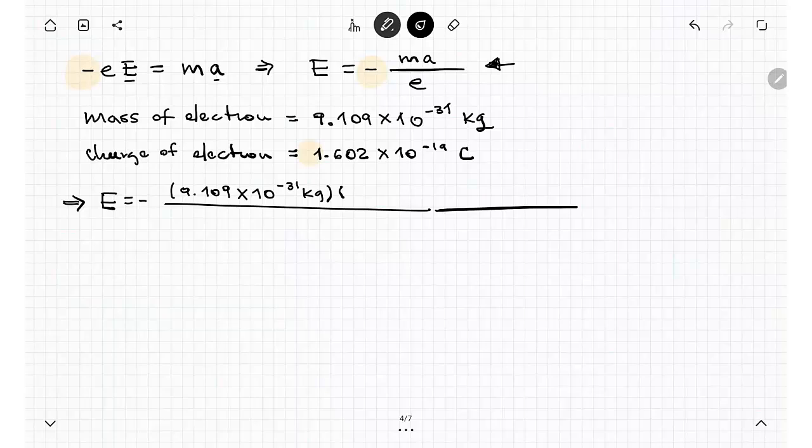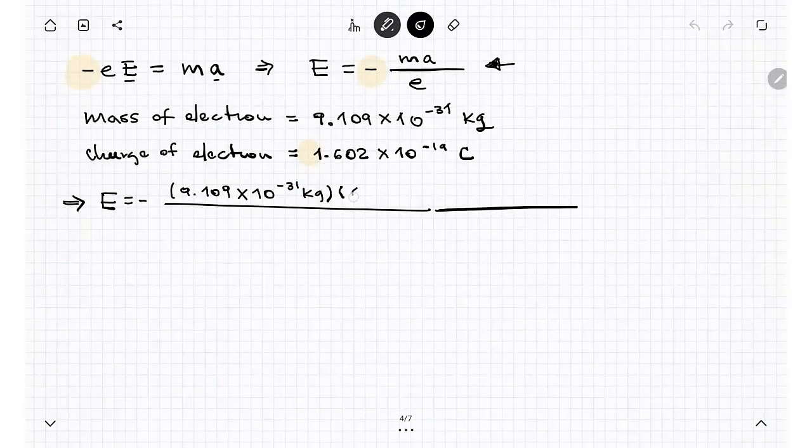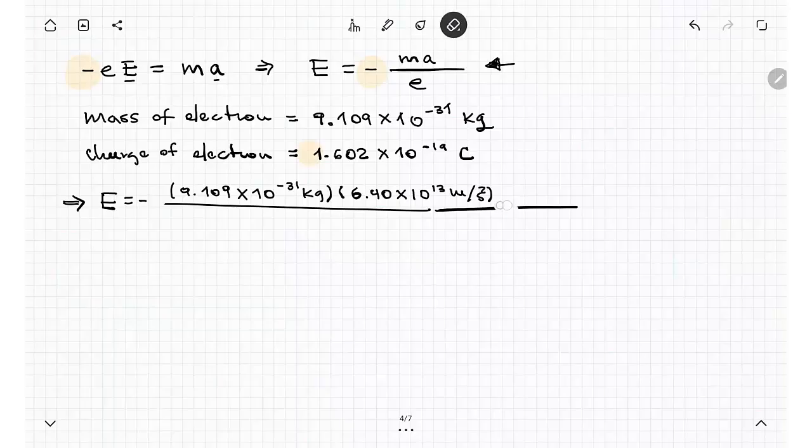According to our calculations, it is 6.40 times 10 to the 13 power meters per second squared, dividing the charge of the electron, 1.602 times 10 to the minus 19 coulombs.